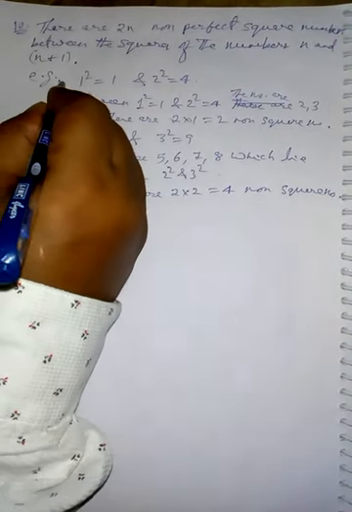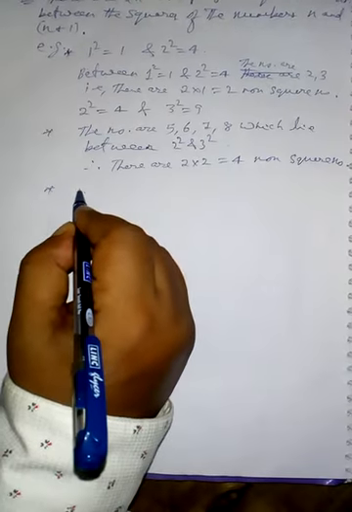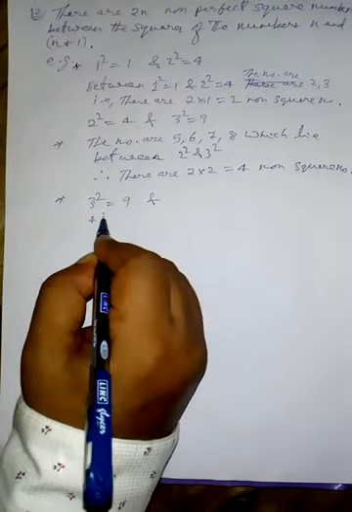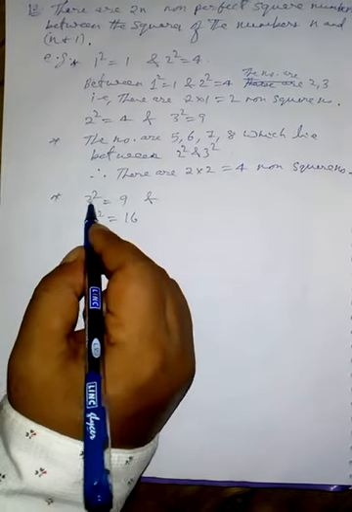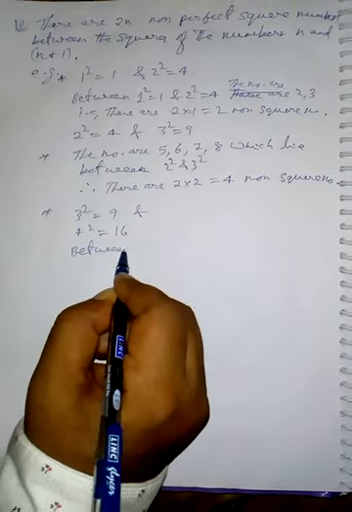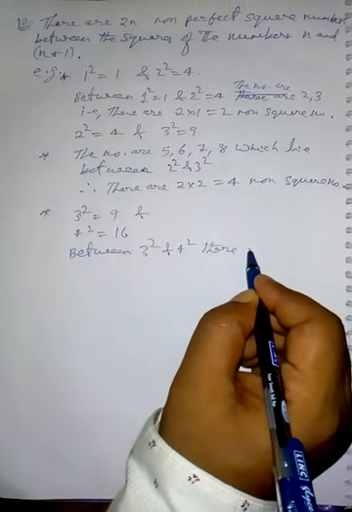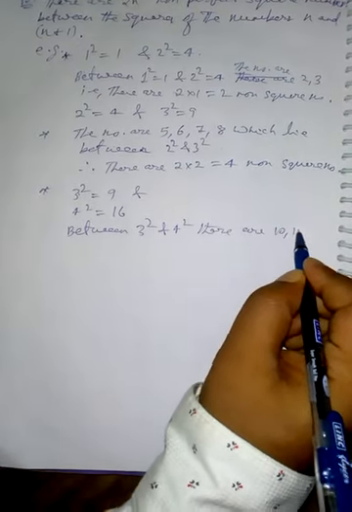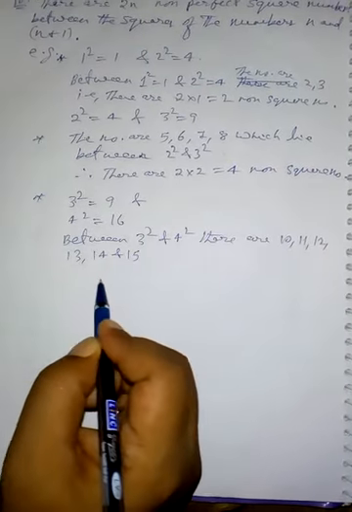Let's see one more example. Two consecutive numbers: 3 square is equal to 9 and 4 square is equal to 16. Between 3 square and 4 square, there are 10, 11, 12, 13, 14 and 15.